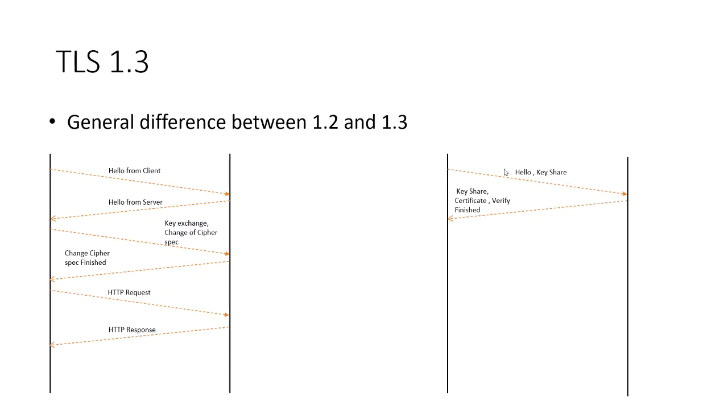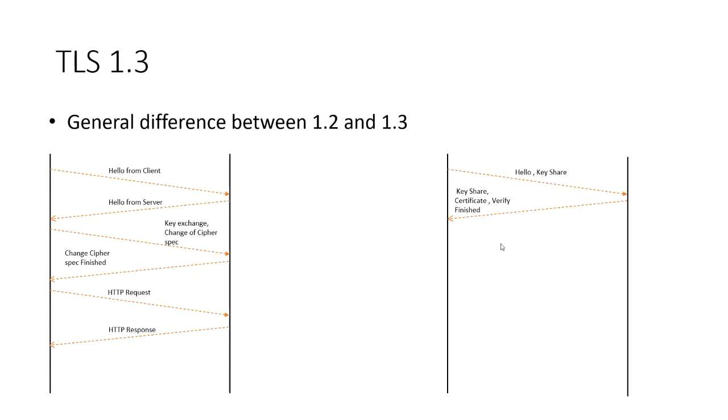Now the server takes the guessed information, the cipher suite, and the hello message, and sends back the response to the client saying this is the key share, this is the certificate verify, and then sends the finished message. Now the client checks the certificate, generates the key as it has the key share from the server, and then sends the client finished message.